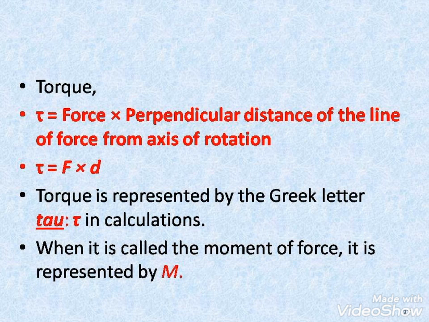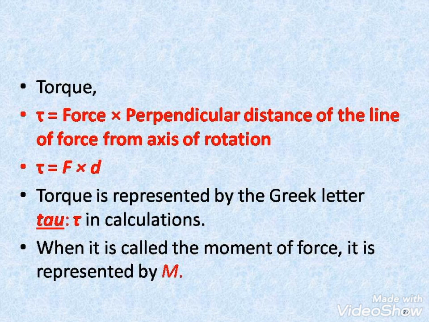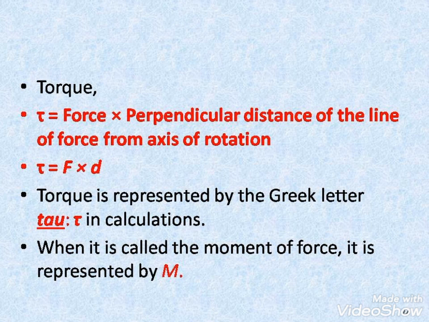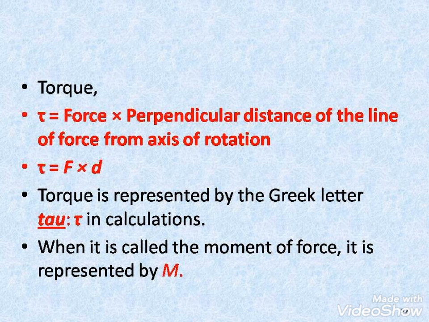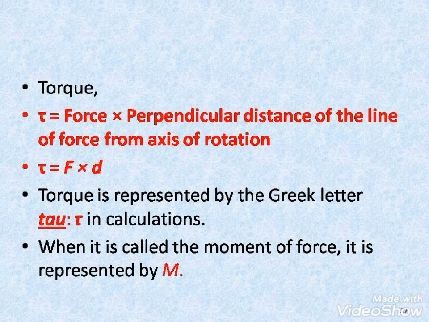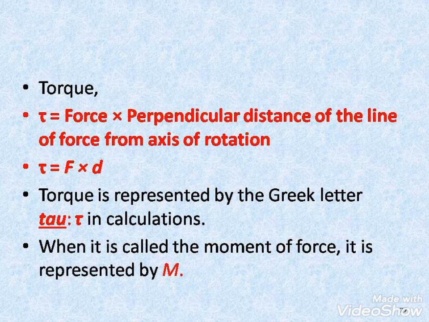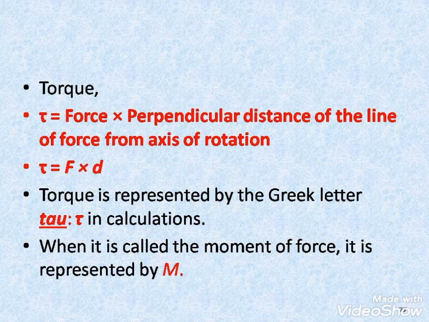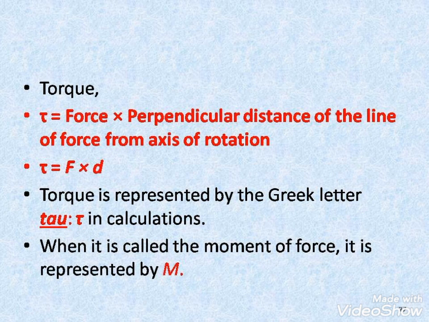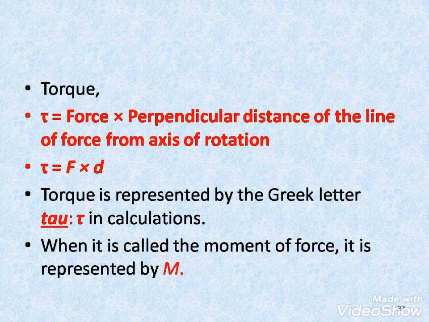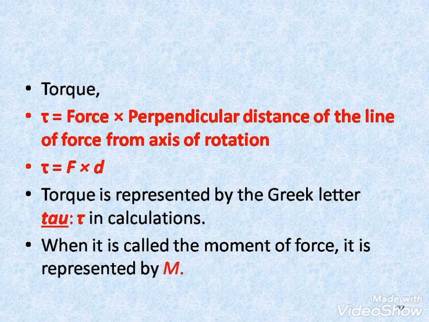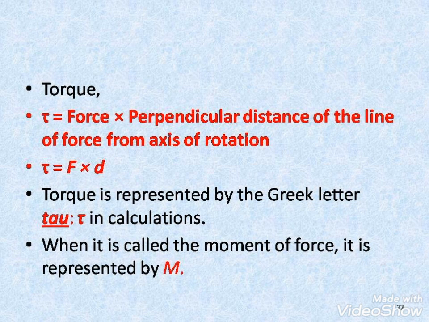It is calculated by the product of force into perpendicular distance of the line of force from the axis of rotation. So tau is equal to F into d. Now when I am using this formula to calculate the moment of force, then it is represented by capital M. So you can either write capital M or tau depending upon whether you are using the term torque or moment of force.